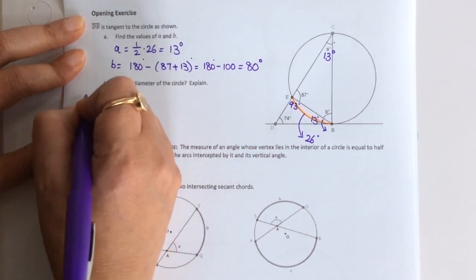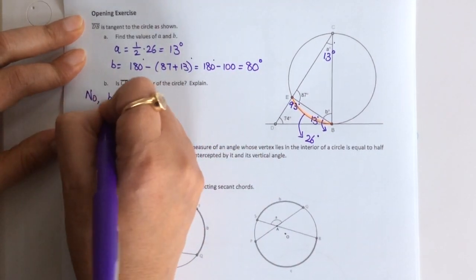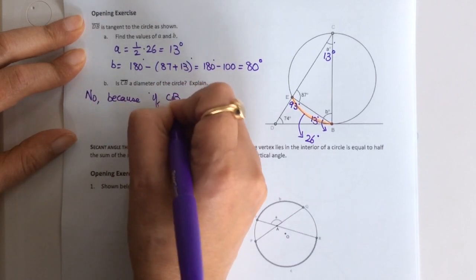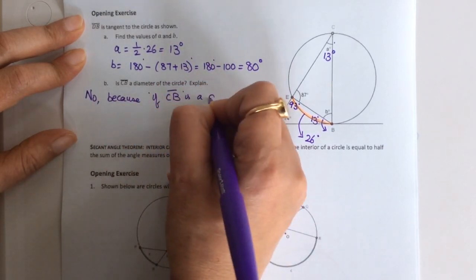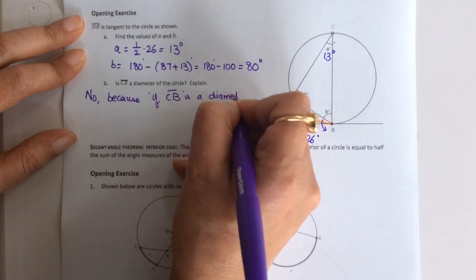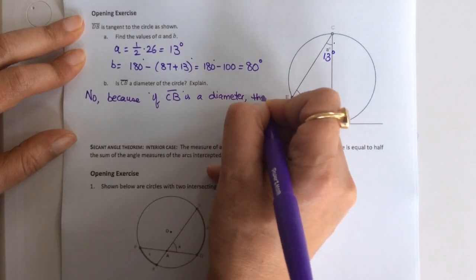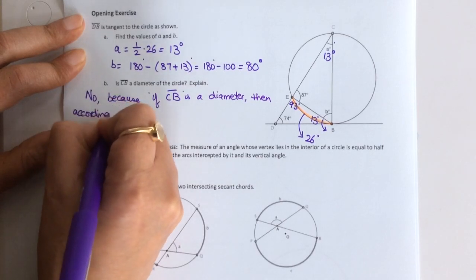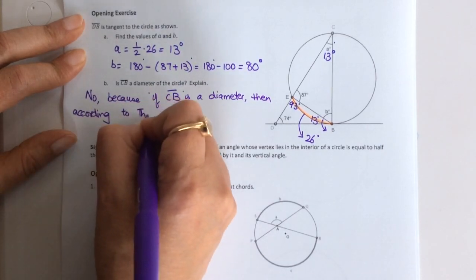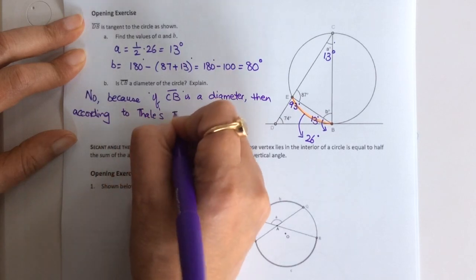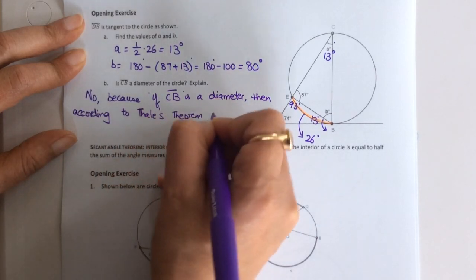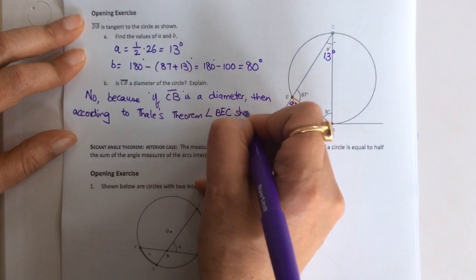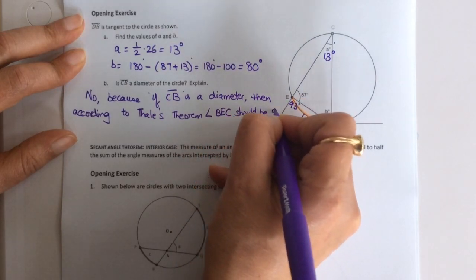I'm going to write it down. No, because if CB is a diameter, then according to Thales' theorem, angle BEC should be 90 degrees.